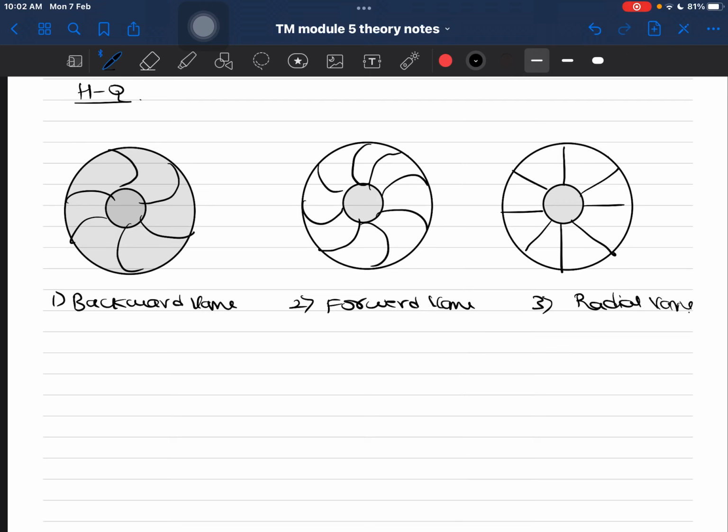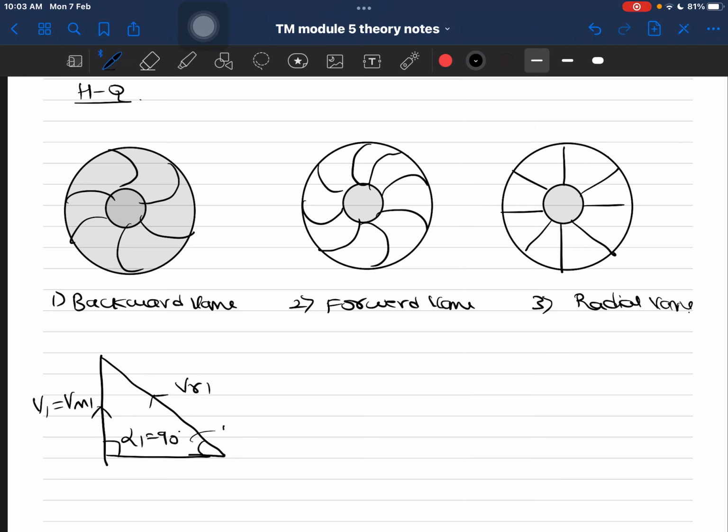So the velocity triangles for all these three vanes would be different. However, the input to a centrifugal pump is radial, therefore the input velocity triangle would be something like this. V1, because it is radial, V1 would be equal to Vm1, and this is Vr1, where alpha 1 would be equal to 90 degrees as it is going inlet.